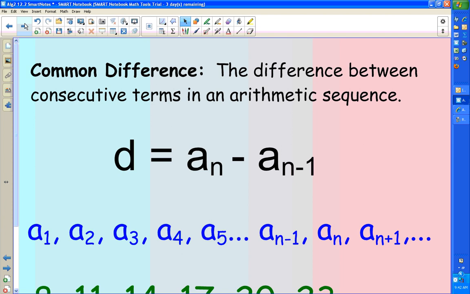So the difference between two consecutive terms is called the common difference. We use a lowercase d to represent the common difference, and you find it by taking any term a sub n and subtracting the previous term a sub n minus 1.